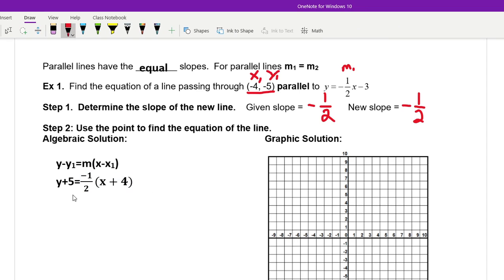To show this on the graph, we can find the location of our point, -4, -5. And we can create our line using our slope of down 1/2. Down 1/2.